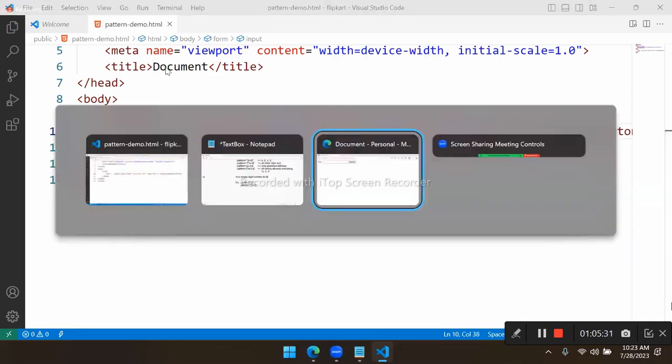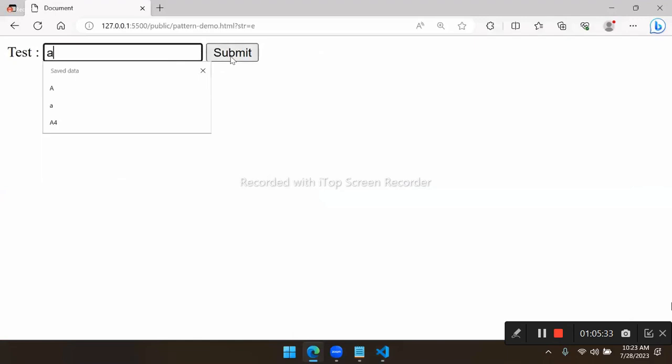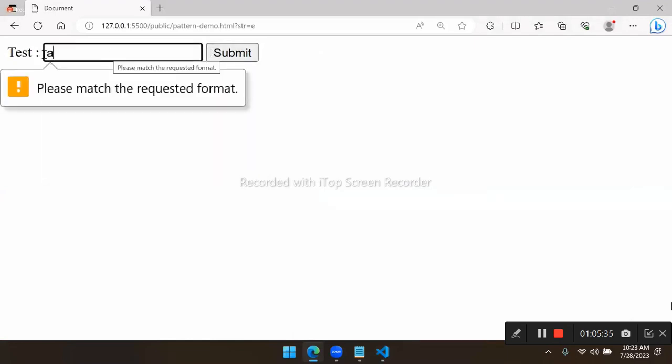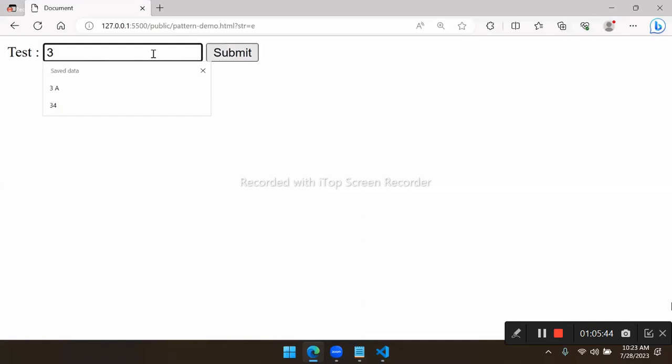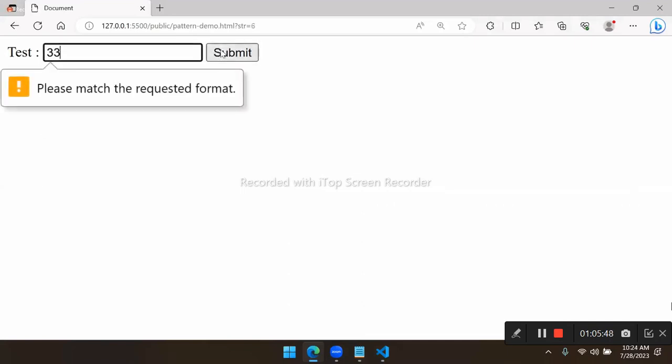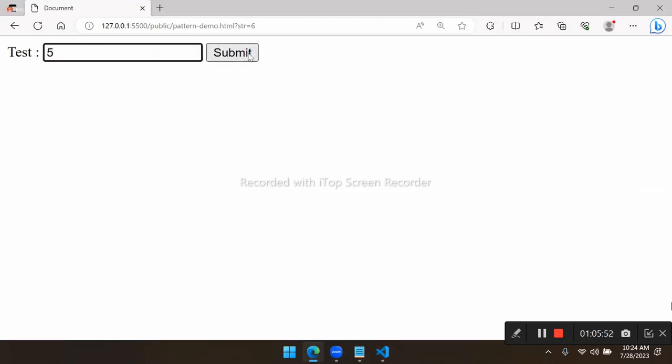Only number allowed. You entered some alphabet, it's not allowed. You entered some string, it is not allowed. You entered some dollar at the net, not allowed. Only one digit number. Any single digit number is allowed. Two digit number not allowed, because /d represents one digit.